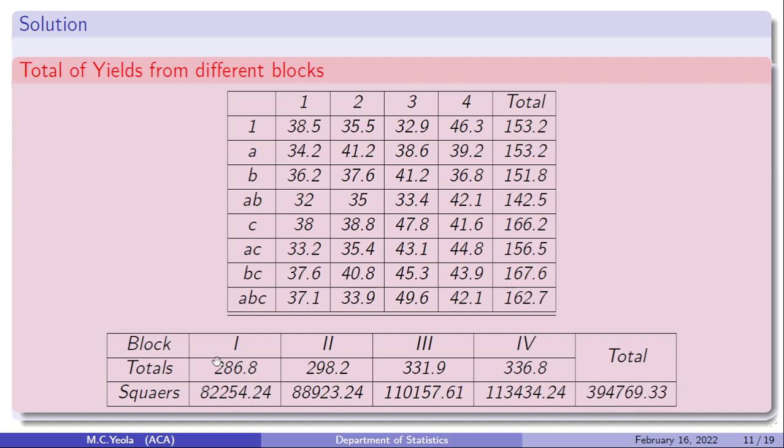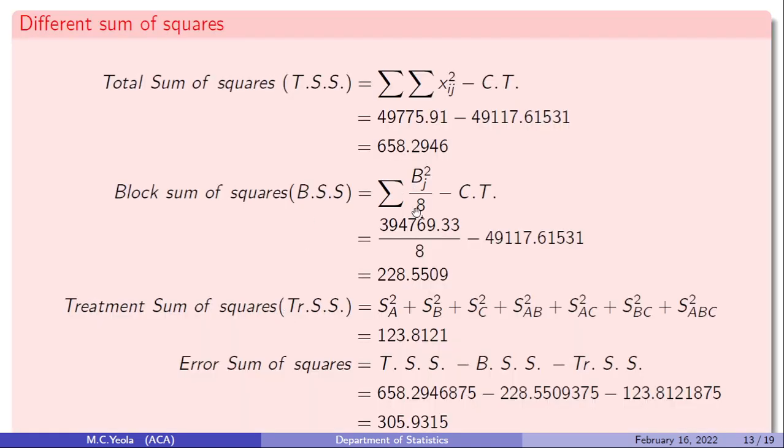While obtaining these totals we have used 8 observations, so because of that the divisor is 8. Remember it this way so you are not confused about which factor to take in the denominator. So divided by 8 minus ct, we substitute the value and get this one here.